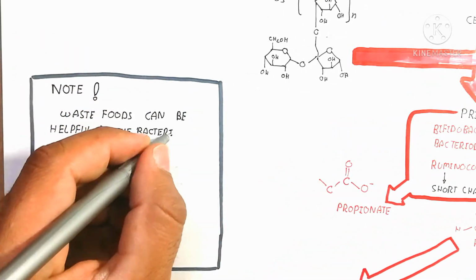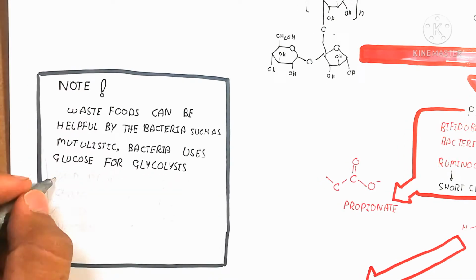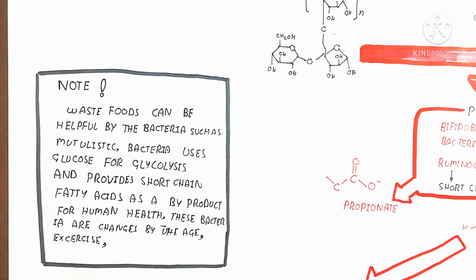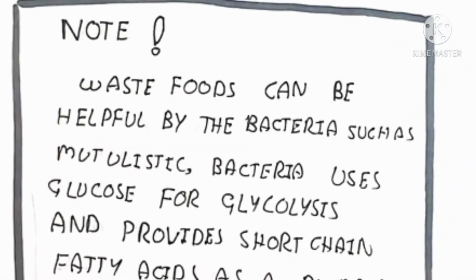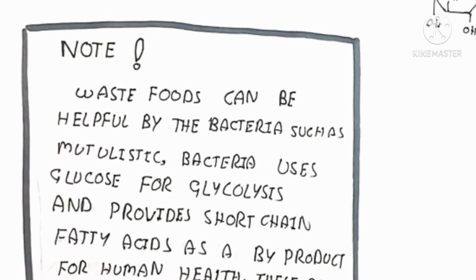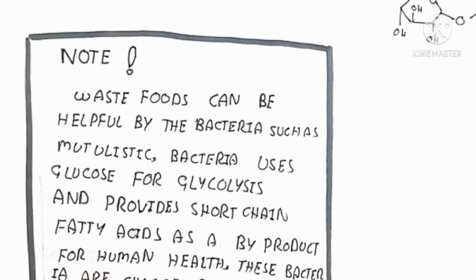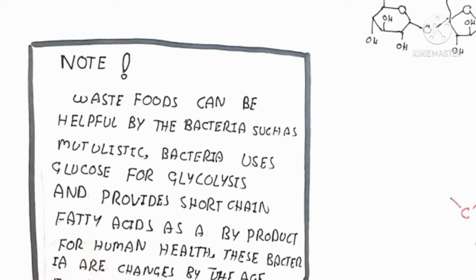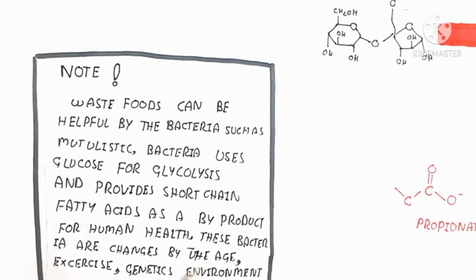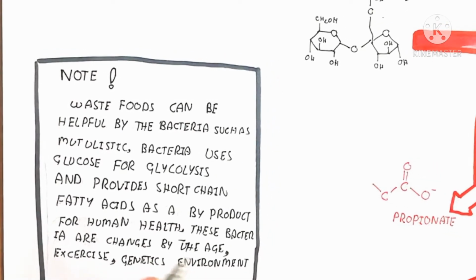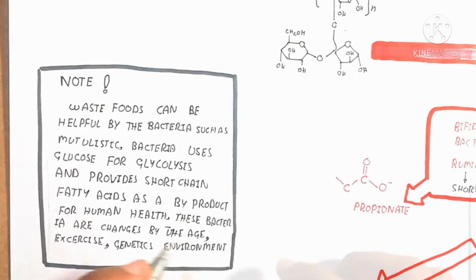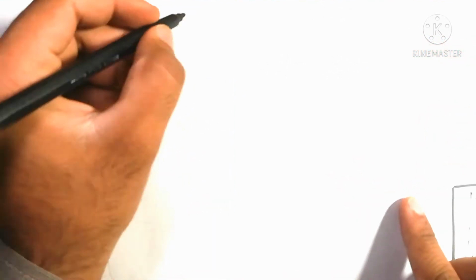Now we will discuss the important notes: waste food can be helpful to the bacteria through mutualistic activity, and the bacteria use glucose for glycolysis and provide short chain fatty acids as a byproduct for human health. These bacteria change with age, exercise, genetics, and environment.